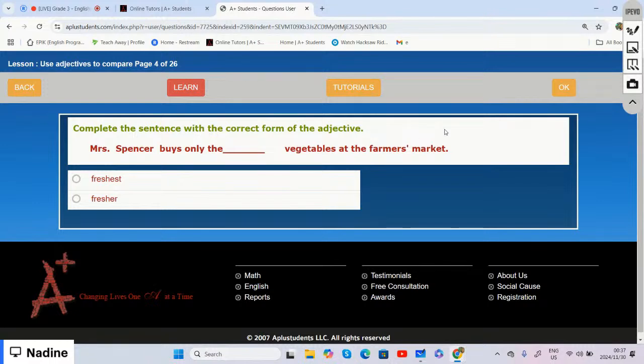So Mrs. Spencer buys only the, do we say, freshest vegetables at the farmer's market, or she only buys the fresher vegetables at the farmer's market? Which one is correct?